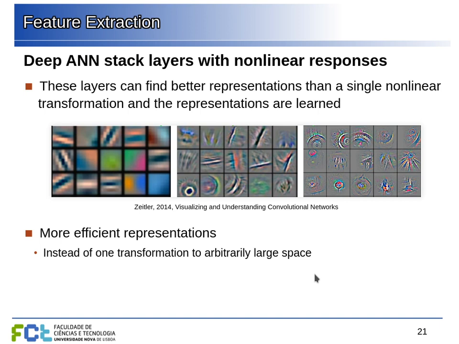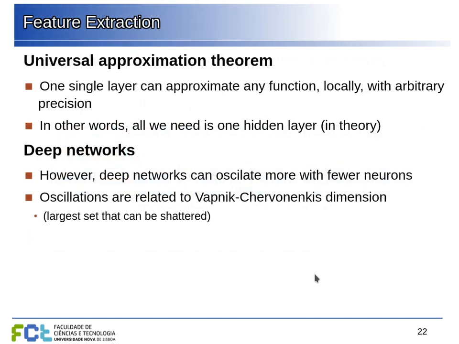This is more efficient than just trying to do a single nonlinear transformation, because even though we could in theory do this with one layer, since in theory a single hidden layer in a neural network can arbitrarily approximate any function locally, we could theoretically find any kind of transformation that would allow us to go from the input data to whatever result we want. The problem is that even though in theory this would work, we don't know how many neurons we would need on this single layer.